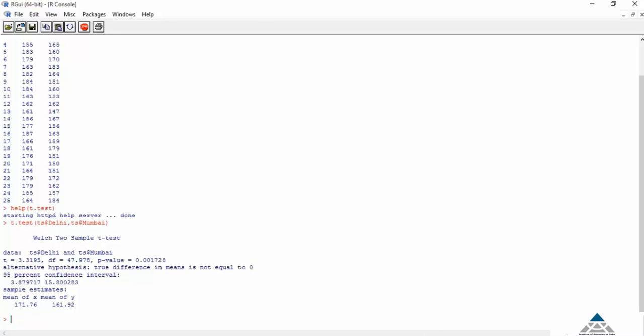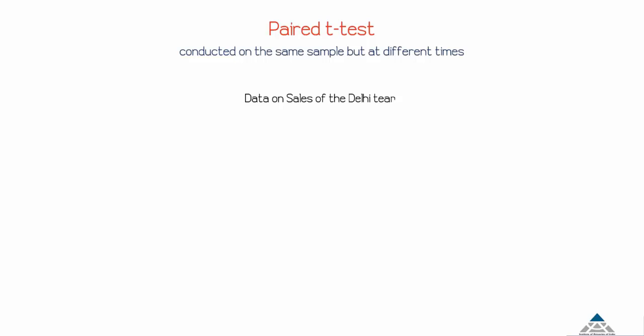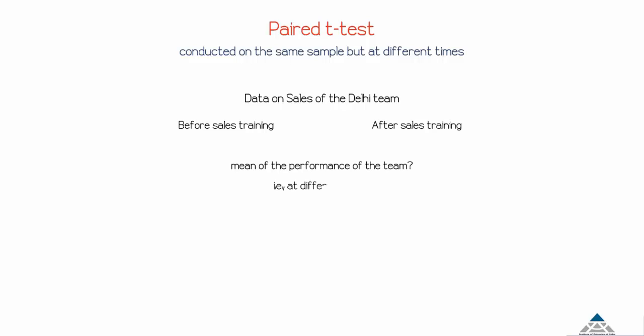Now we will look at paired t-test. Paired t-test is conducted on the same sample but at different times. For example, we have the data on sales of the Delhi team before and after the sales training, and we compare the performance of the team by analyzing the means of the team before and after the training, that is, at different times.